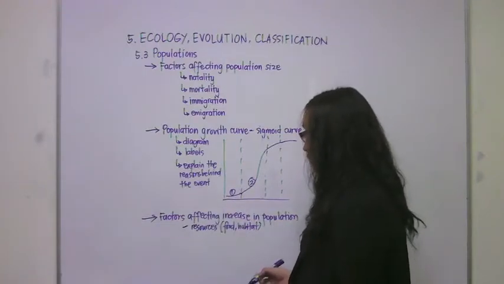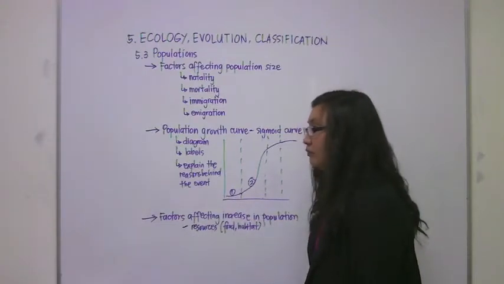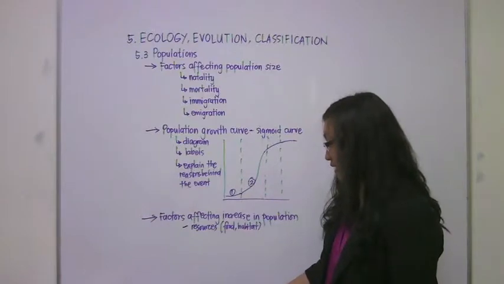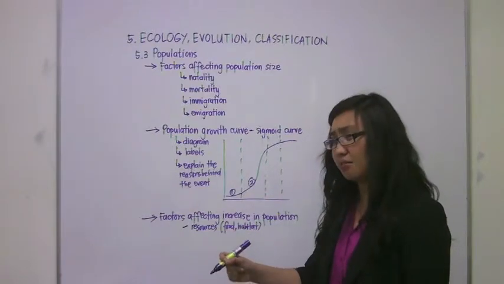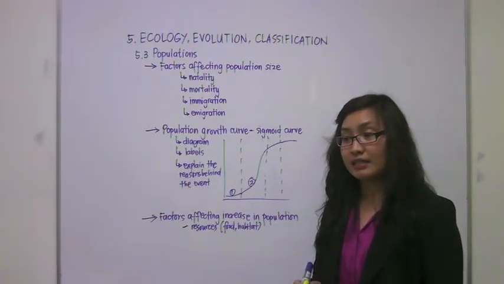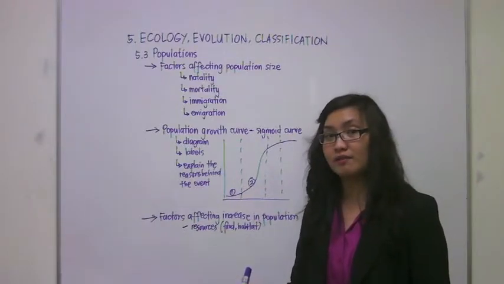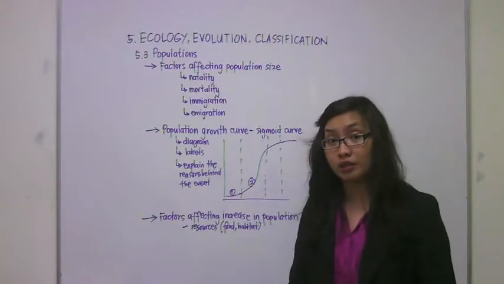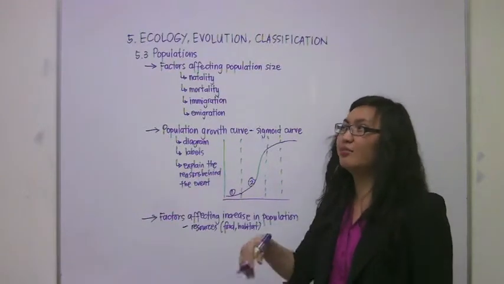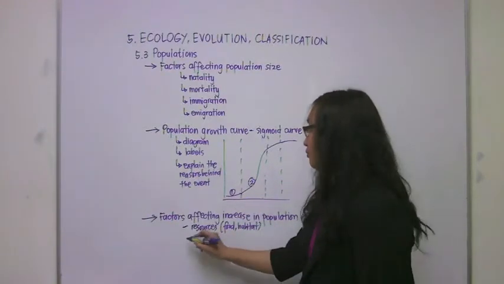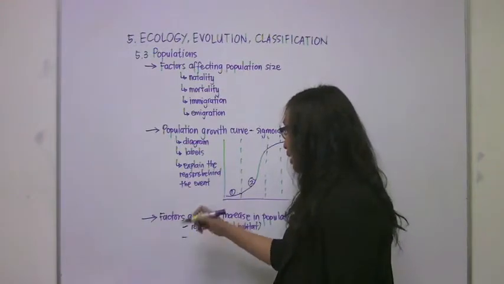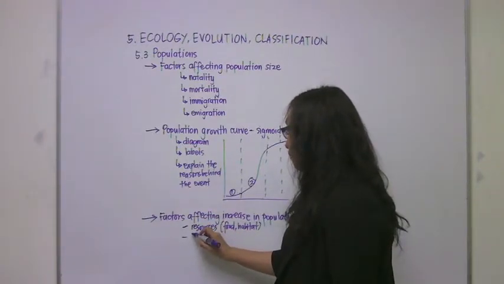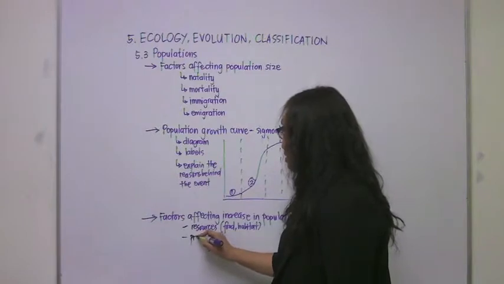So if we have identified them, then we can say that this is further increasing the population because it provides very conducive conditions for the organisms to reproduce more, because the conditions are good. So we have to include the presence of predators.